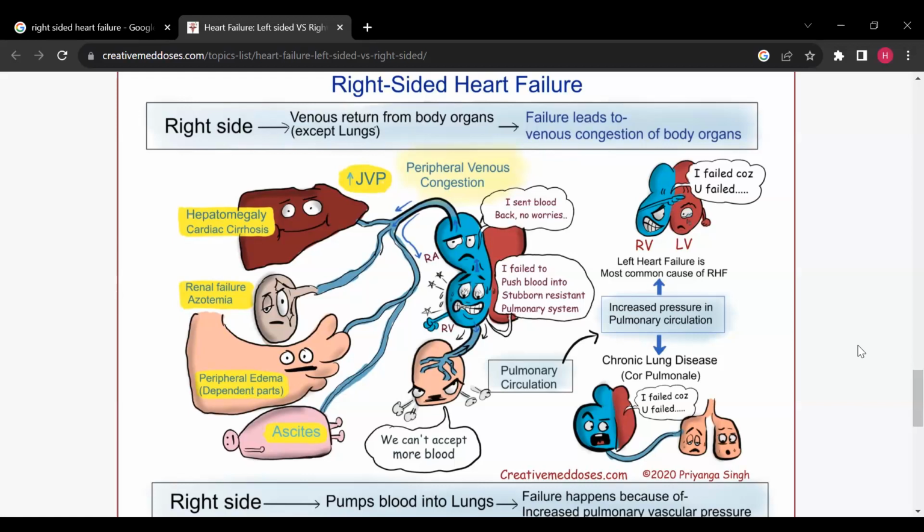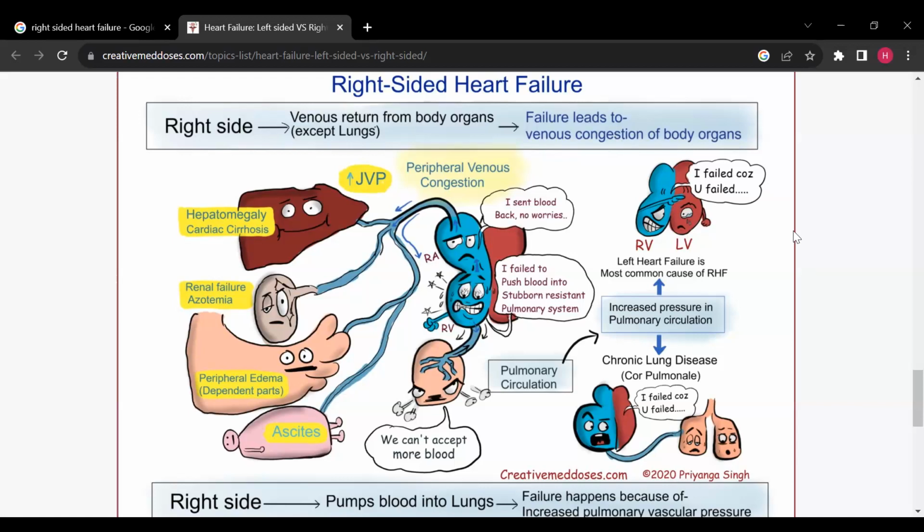One of the main causes of right-sided heart failure is left-sided heart failure. What happens is that blood backs up in your veins. All this deoxygenated blood is just backing up in your organs because the right side is not pumping blood to your lungs for oxygenation. So this leads to venous congestion of your body organs.